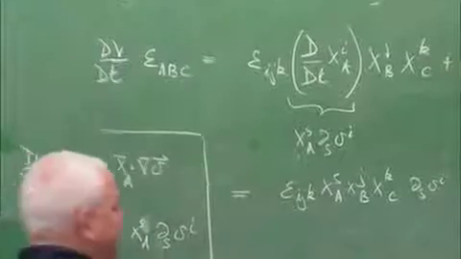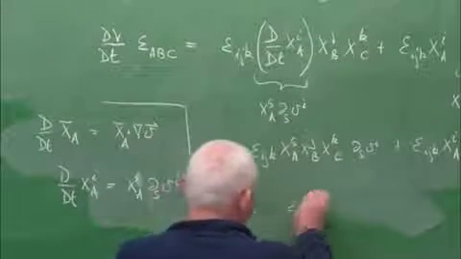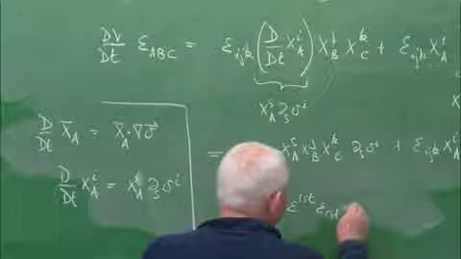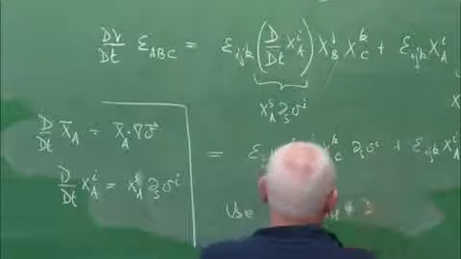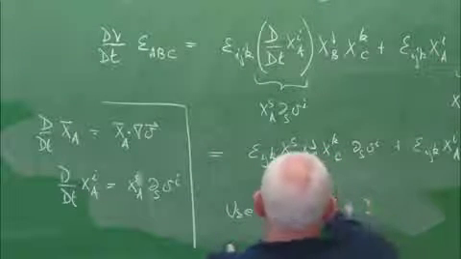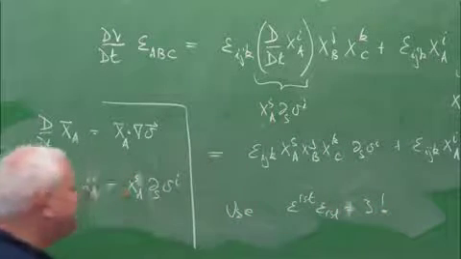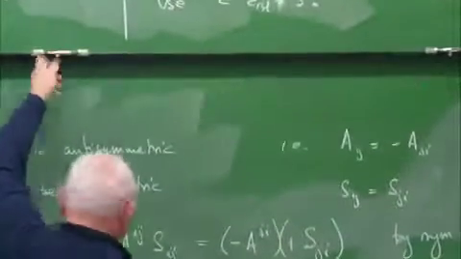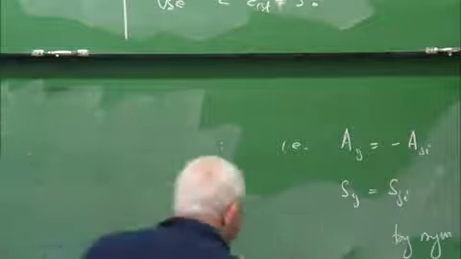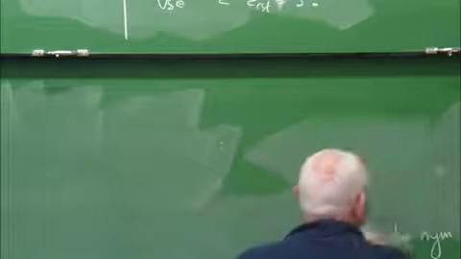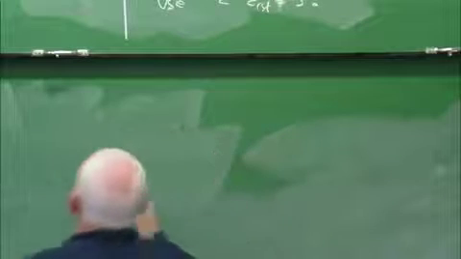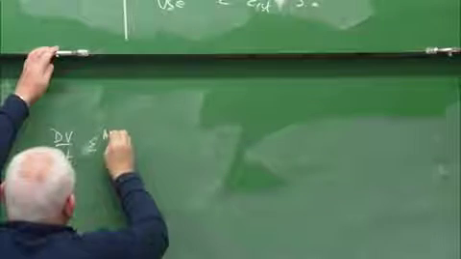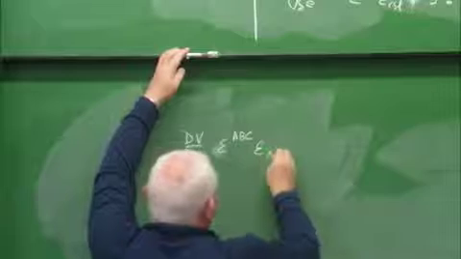And I use the fact that epsilon RST, epsilon RST is equal to 3, and so we get dV/dt times epsilon ABC, epsilon ABC.